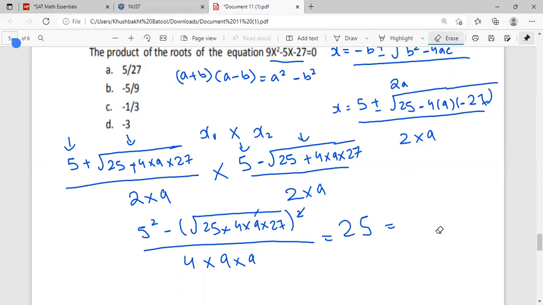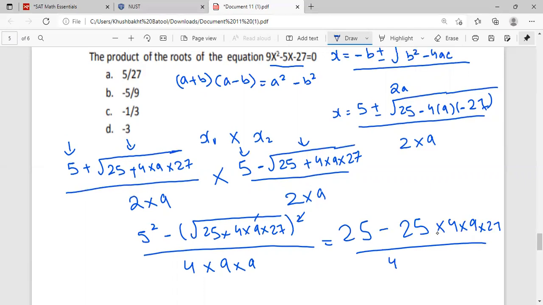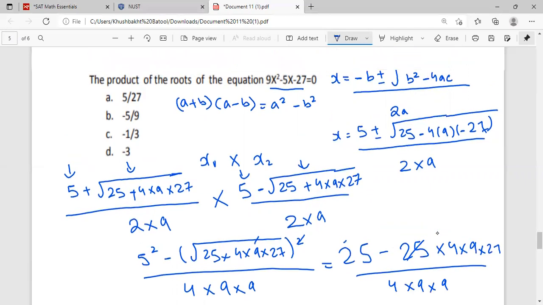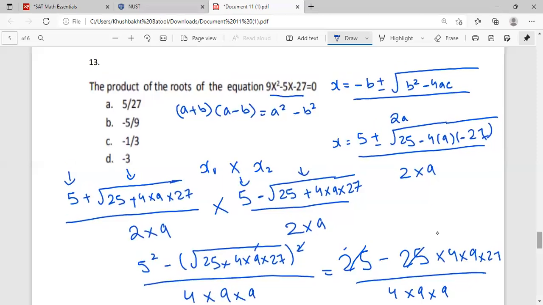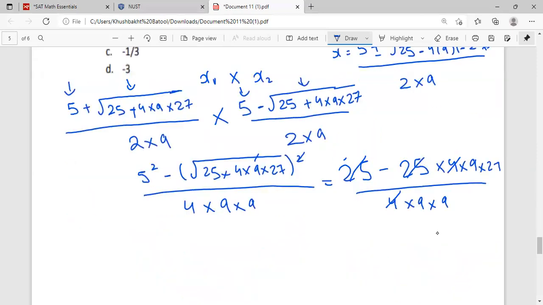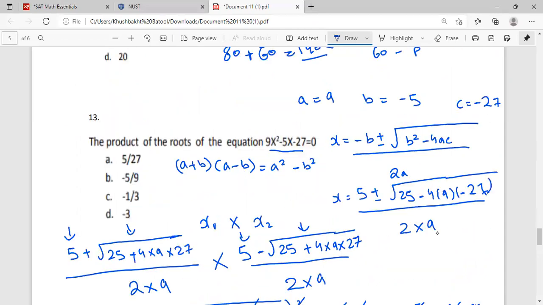This is minus. Then I'll get 25 minus 4 into 9 into 27 divided by 4 into 9 into 9. 25 would be cancelled, 4 and 4 would be cancelled, 9 and 9 would be cancelled. So we are left with minus 27 divided by 9, that is minus 3. Let's see if we have minus 3. Yes, we do have minus 3. So this is the answer.